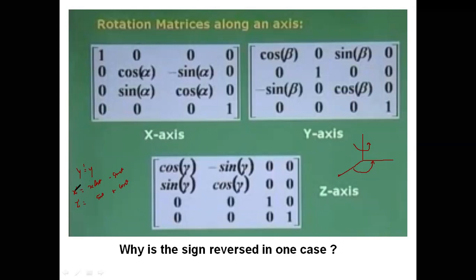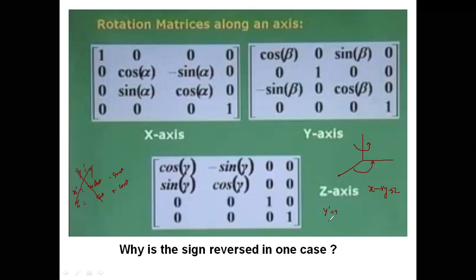We are not writing correctly because we have to follow the cyclic order. We have to follow the cyclic order in which we are following x to y, y to z. So first we will write the y dash.